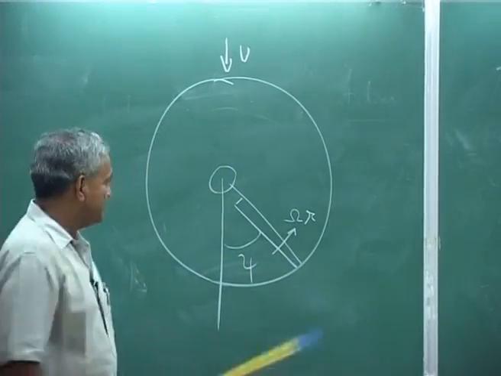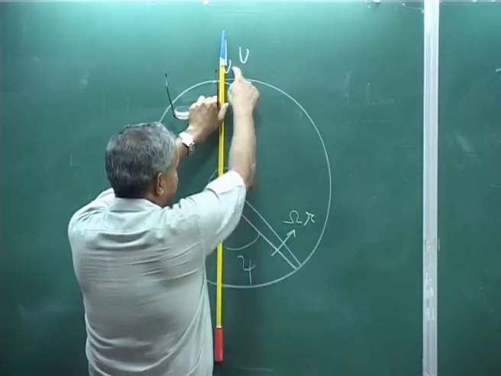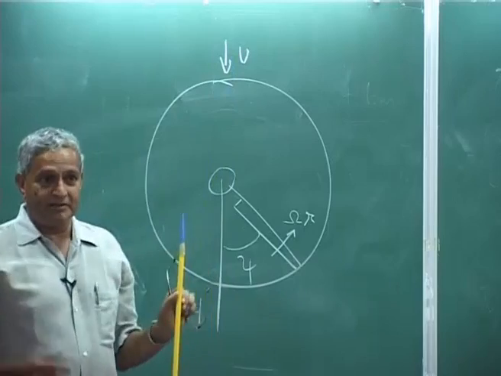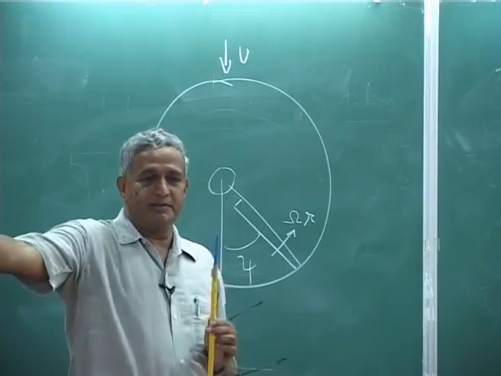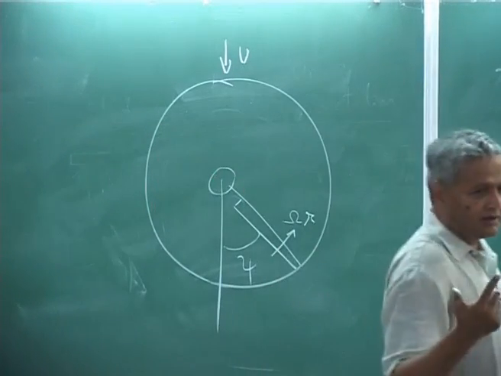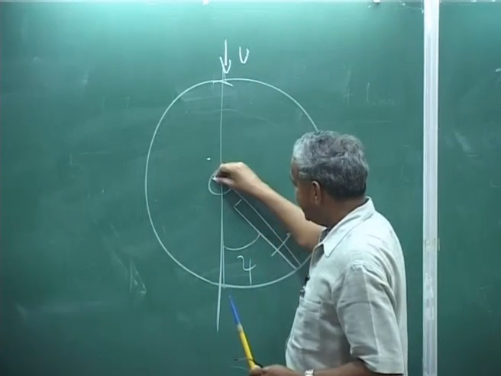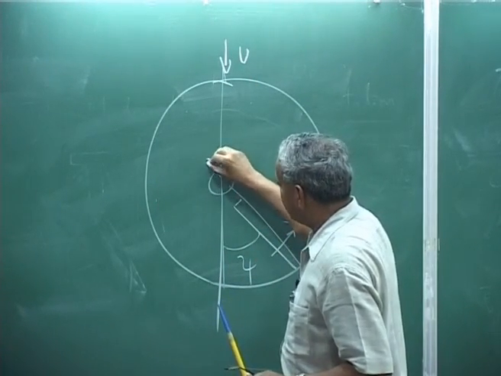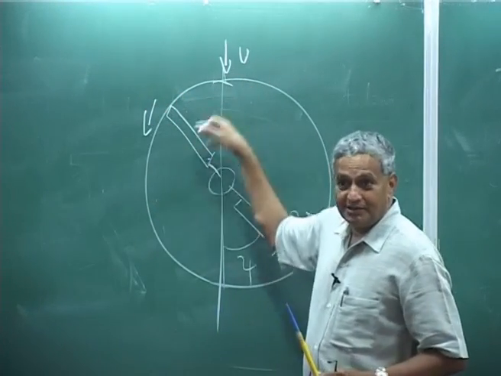That means, in this half the relative air actually acts, that means the rotor section experiences a larger velocity of wind, whereas in this half the blade is moving this way, that wind is also coming.